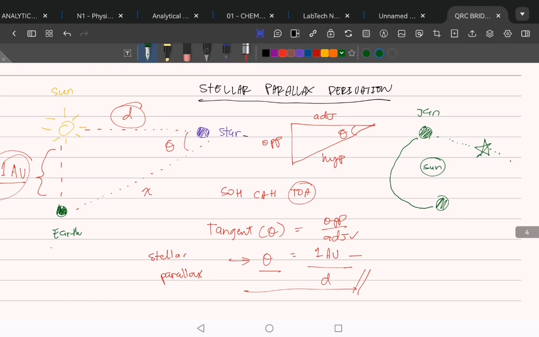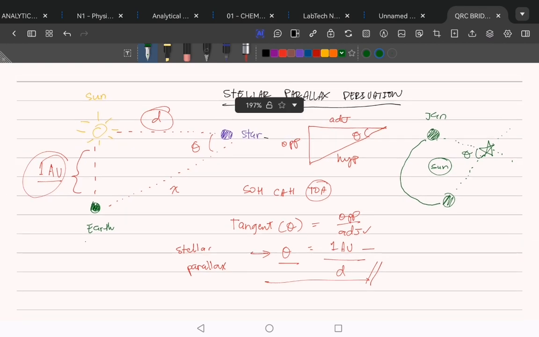And then if you try to again look at the star, okay, you can notice that there's a shift in its position. And yung shifting of the position can be represented by the angle that it forms. Yun yung theta. Yun yung stellar parallax natin. Okay?